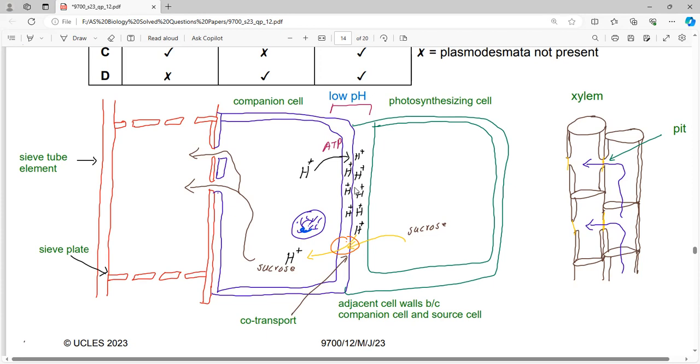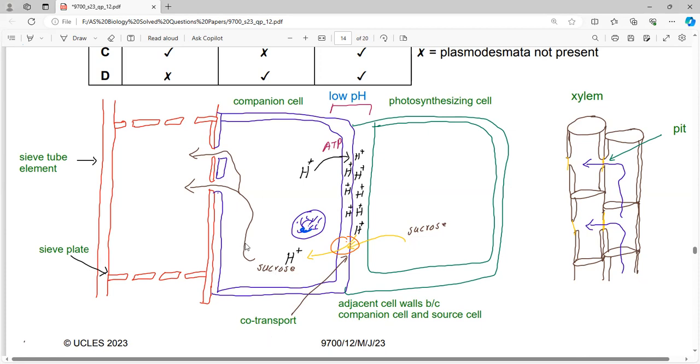When the concentration of hydrogen ions increases in the cell wall, they start moving from outside to inside of the companion cell by facilitated diffusion, so the protein channel will open for them. The same protein channel will be used by the sucrose to move from the photosynthesizing cell to the companion cell. And this is called co-transport.